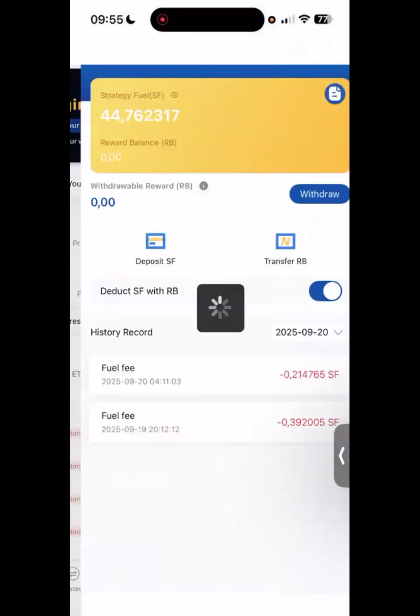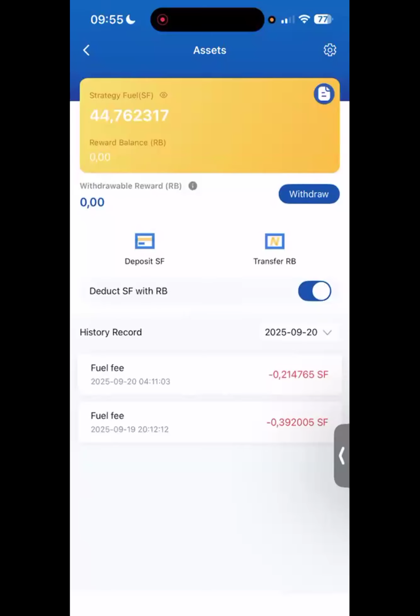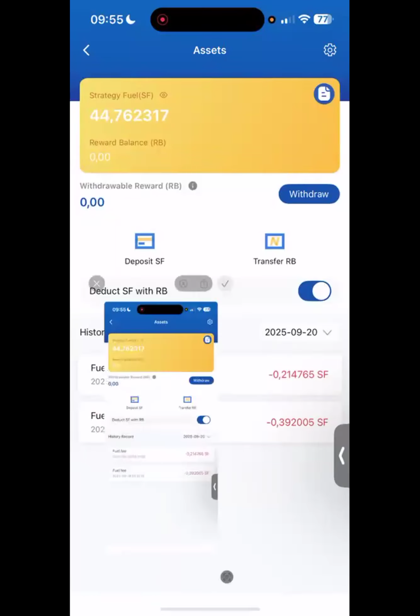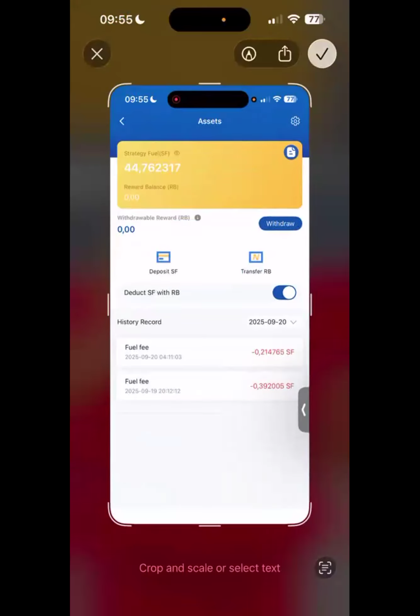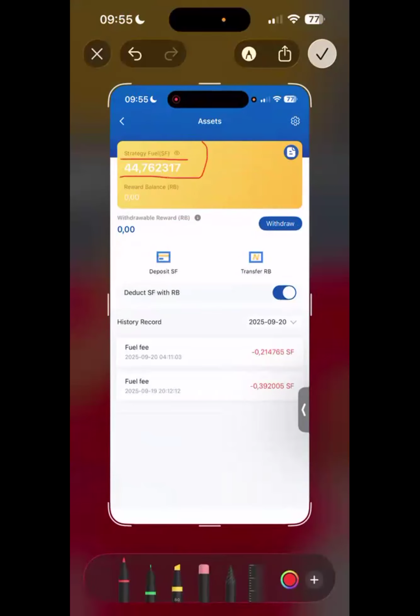So let us go to assets. Under the assets, this is where one can see the strategy fuel. Now, with the new updates under assets, one cannot withdraw the strategy fuel. So that is why when you are depositing, RoyalQ alerts you.